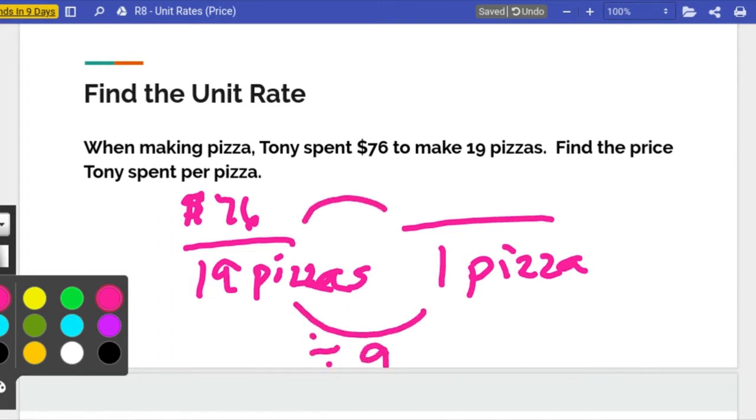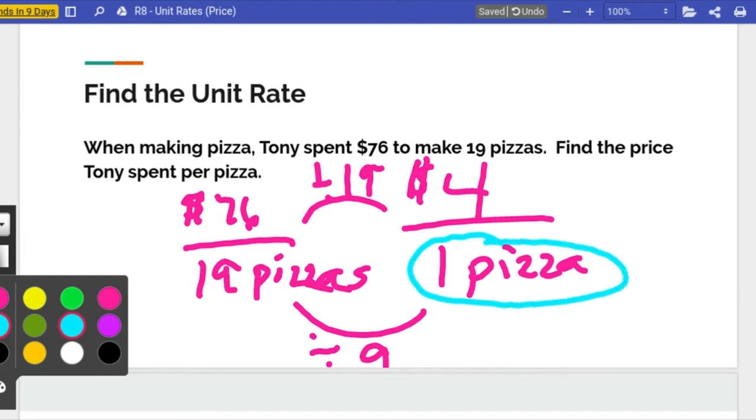So I'm going to do that to both the top and bottom of my ratio. And 76 divided by 19 is 4. So it is $4 for 1 pizza, or $4 per pizza. As you can see, I have scaled it down to 1 on the bottom. So I have a unit rate, $4 per pizza.